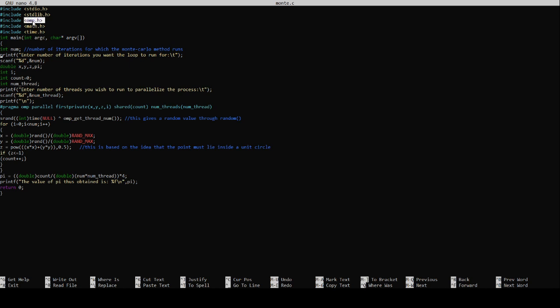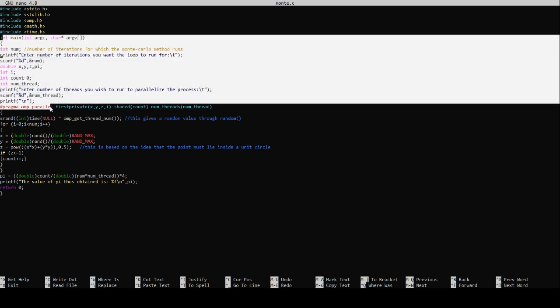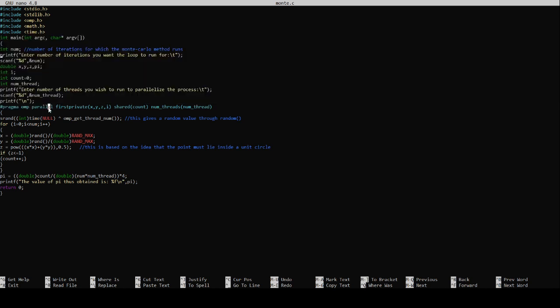Now, omp.h we have used because, as I said, we're using the OpenMP library, and the OpenMP library is available only after using the omp.h header file, right? We require some mathematical functions, hence we import the math library, and we also require the time function, hence we import the time library.